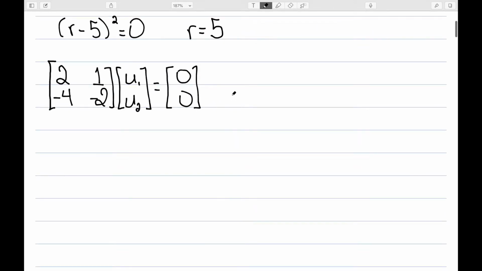If we scroll down a little bit, the first row gives me 2 times u1 plus 1 times u2 equal to 0. The second row, negative 4u1 minus 2 times u2 equal to 0.